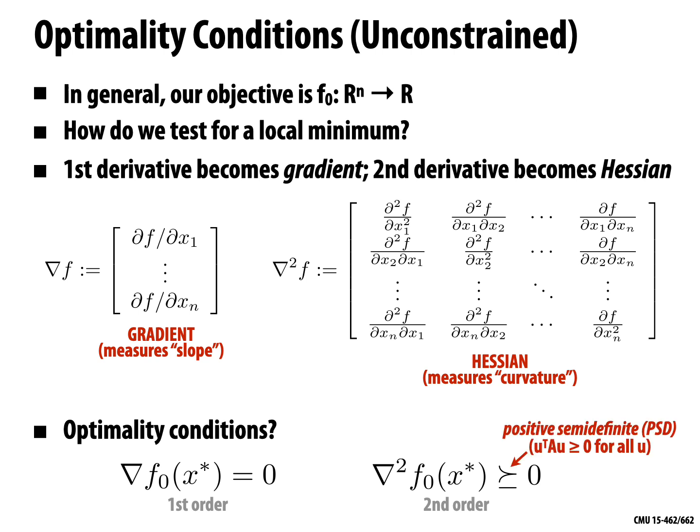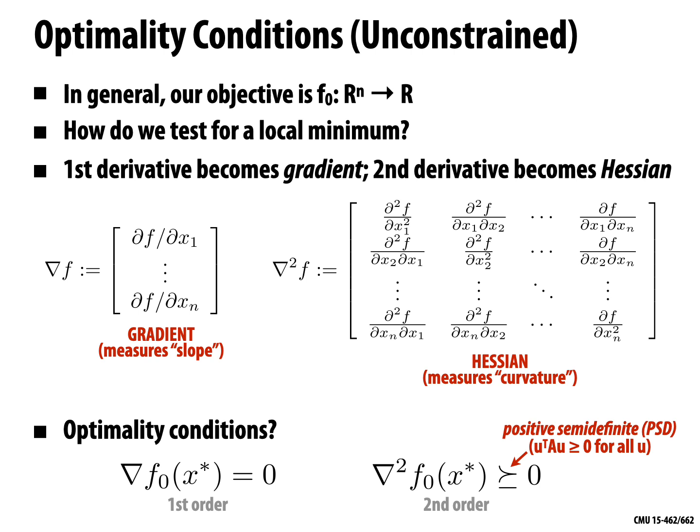Okay, importantly, this little symbol is different from just the greater than or equal to symbol. It's not saying the Hessian is greater than or equal to 0. It's saying it's positive semi-definite, meaning u transpose A u is greater than or equal to 0 for all u.